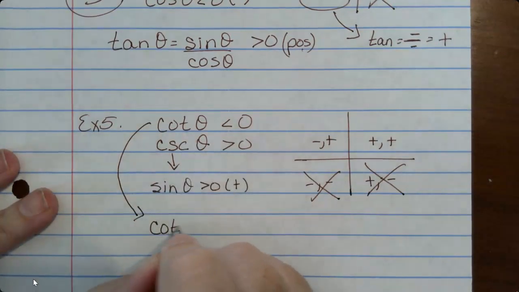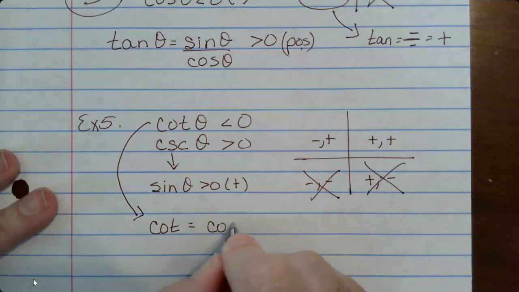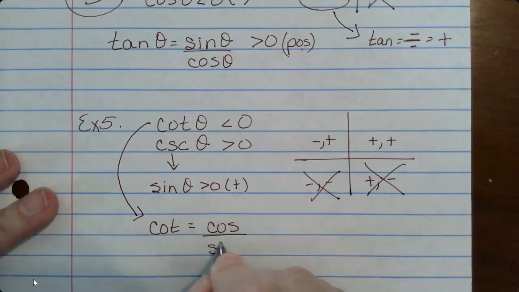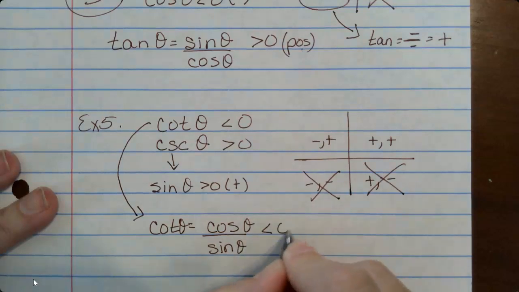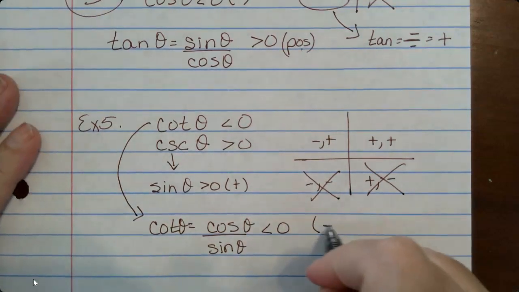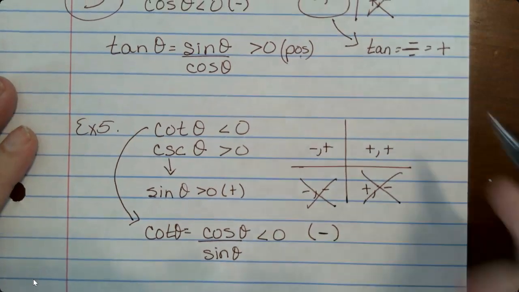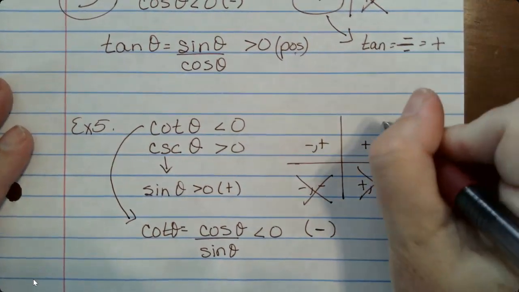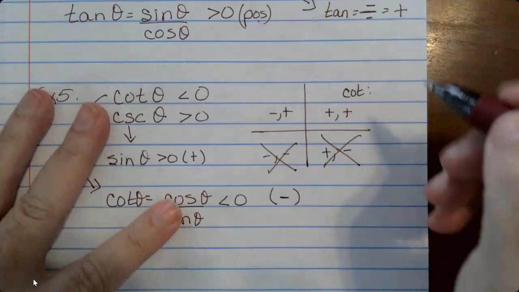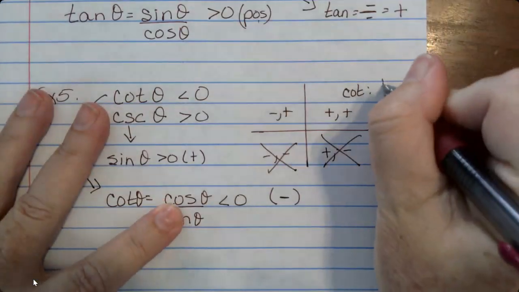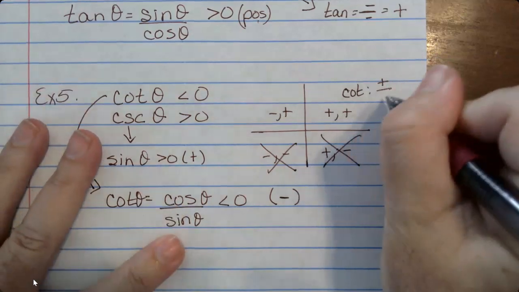Cotangent, so that formula is cosine over sine. And we want that to be less than 0. So we're looking for a negative answer. So here we go. Cotangent. Cosine is positive divided by sine, which is a positive.